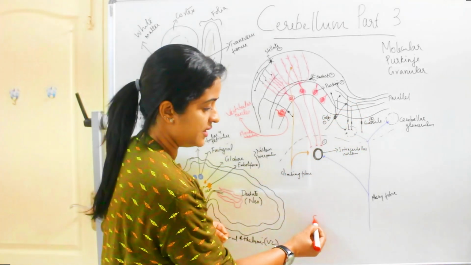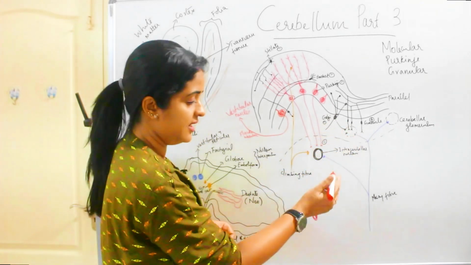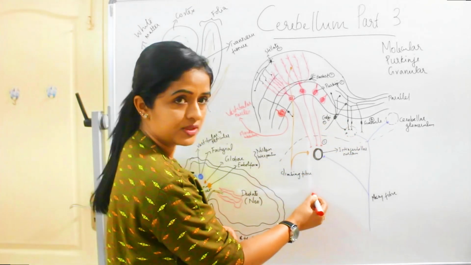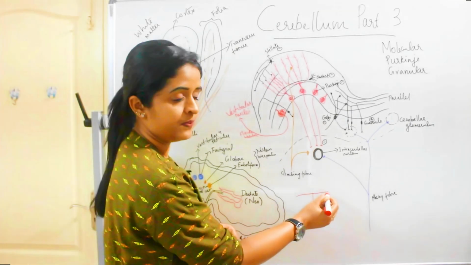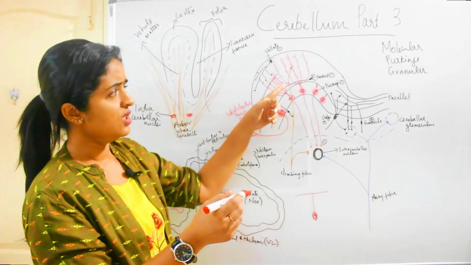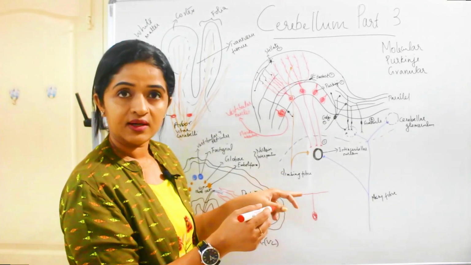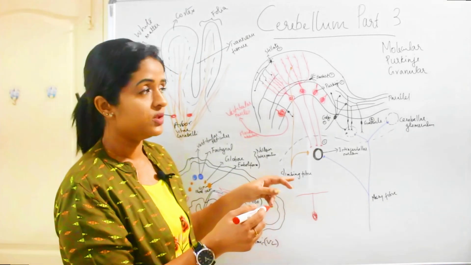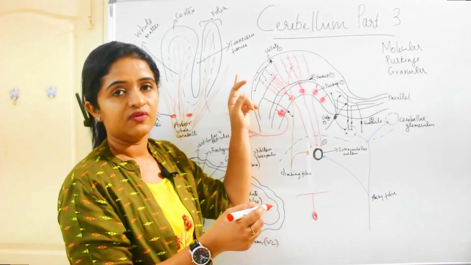If this is a granule cell, it is seen in the third layer, the granular layer, but it will give off the axon, and the axon will end as a T, running parallel to the fibers of the basket cell, and these axon terminals will also make synaptic contact with the dendritic process of the Purkinje cell.